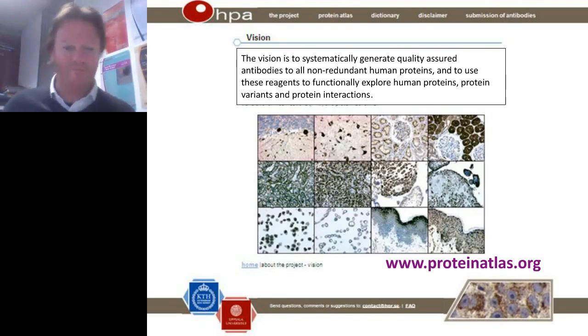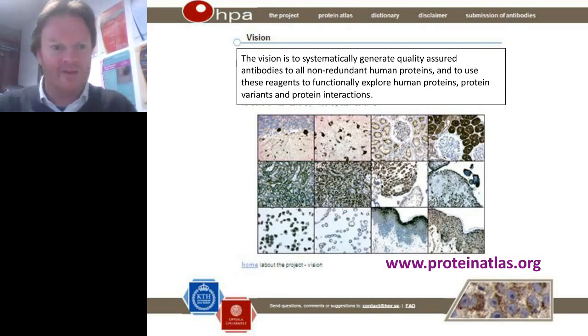So in order to address that, we partnered with a major project that's run from Uppsala University in Sweden called the Human Protein Atlas. They've got a website, proteinatlas.org, that is aimed at firstly generating antibodies to all known human proteins, and then mapping their expression in both normal human tissues and cancer tissues, as well as cancer cell lines, by immunocytochemistry.